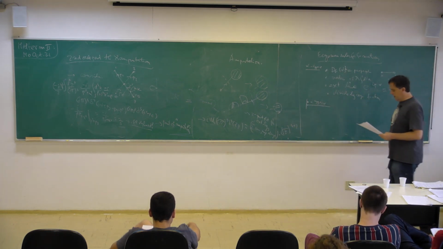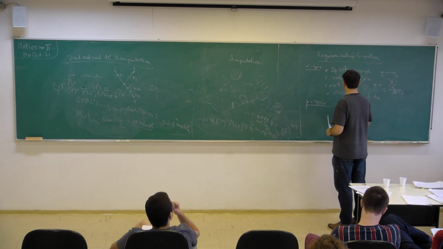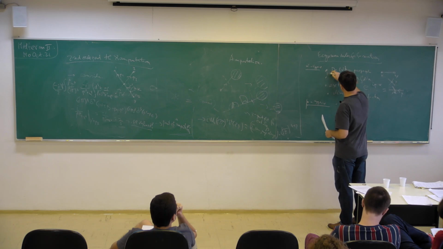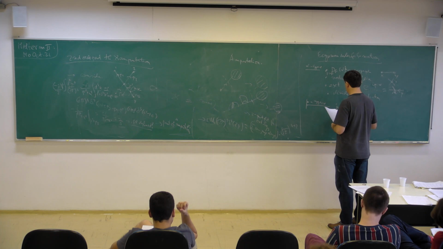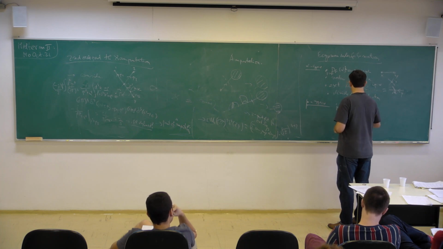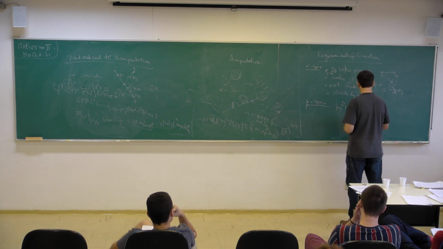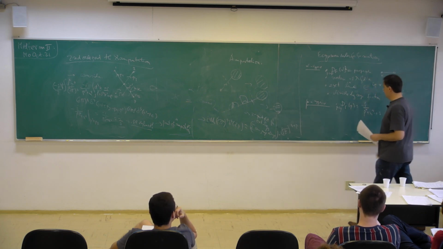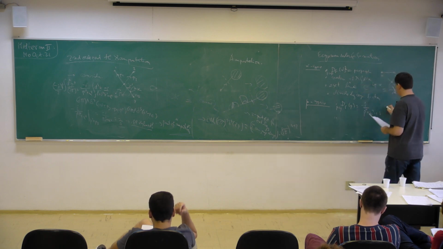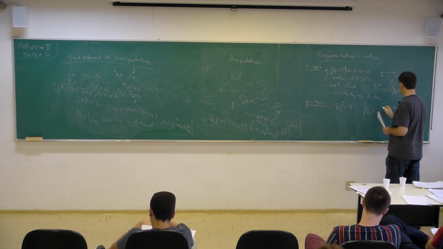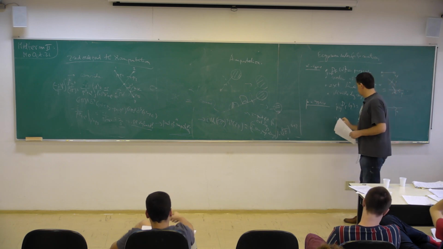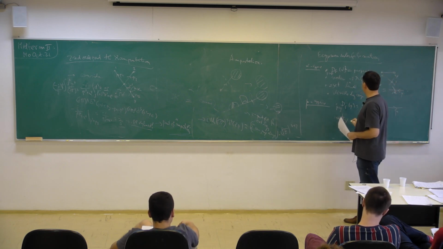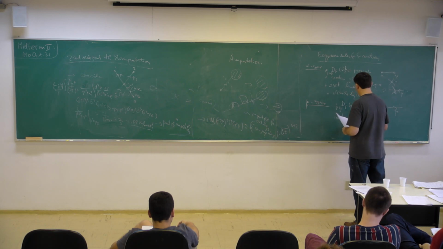Then in P space I also have the propagator, D_F of p, which is minus i over p squared plus m squared minus i epsilon, as before. And then there's the vertex, minus i lambda.